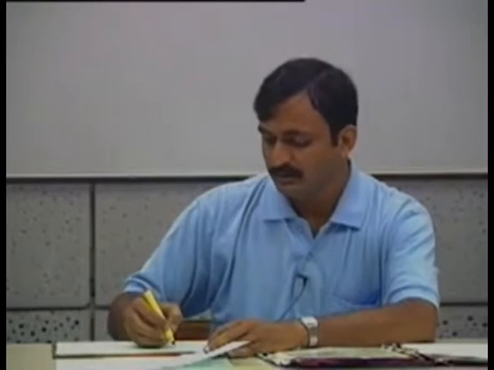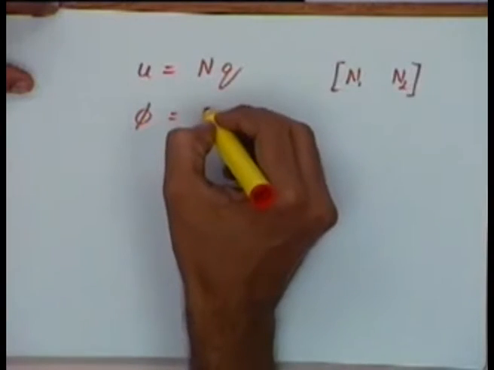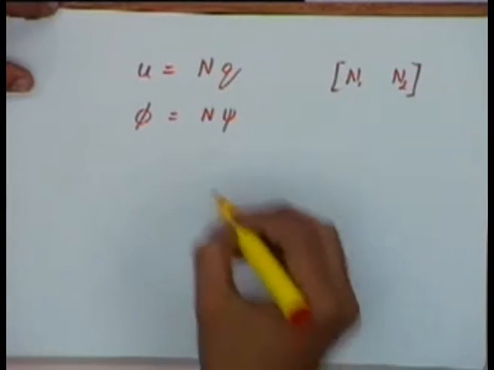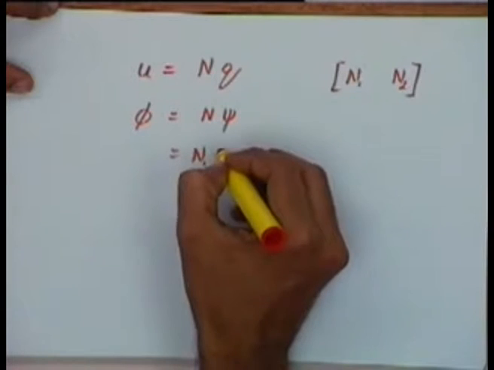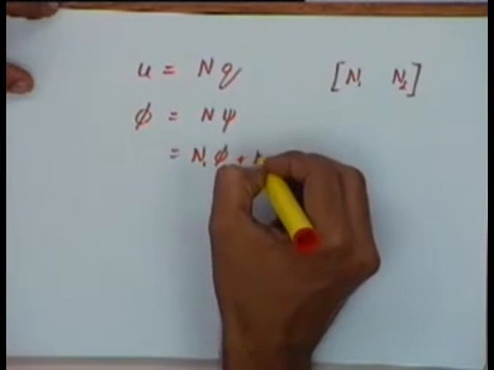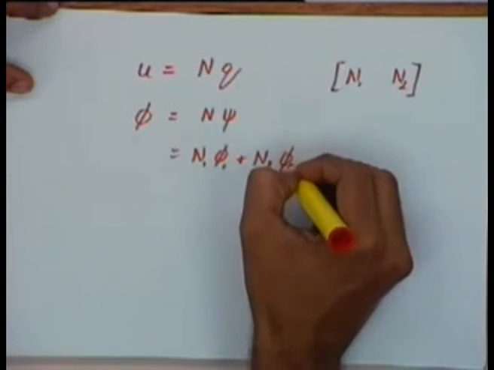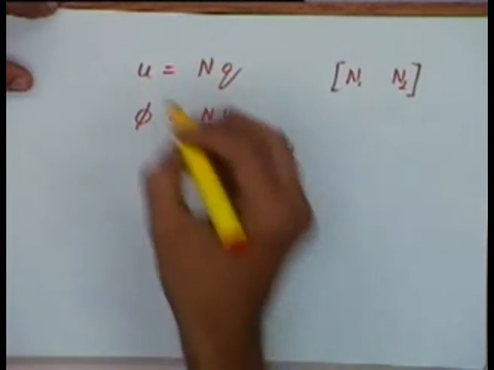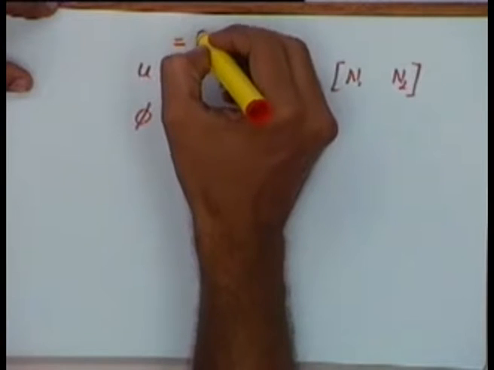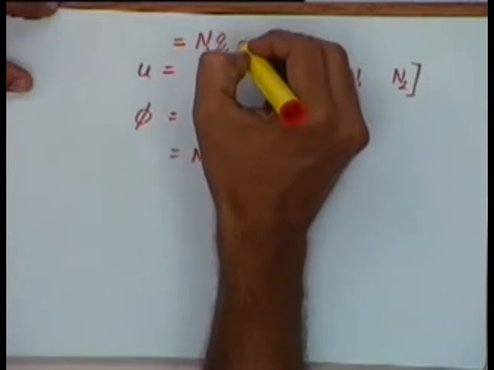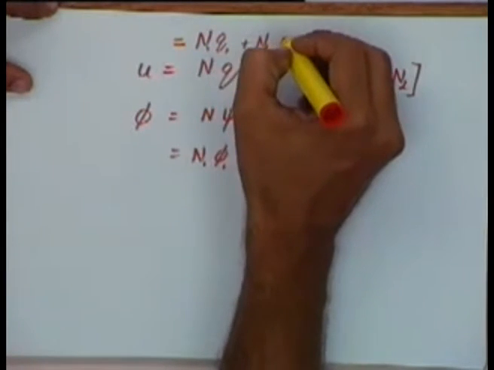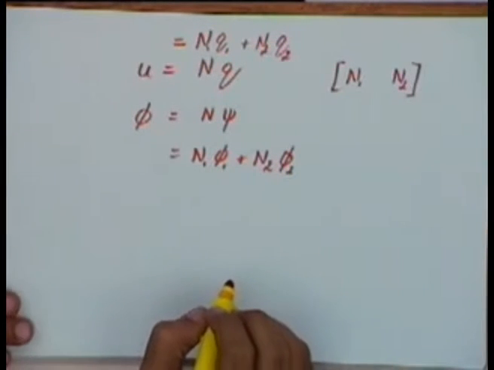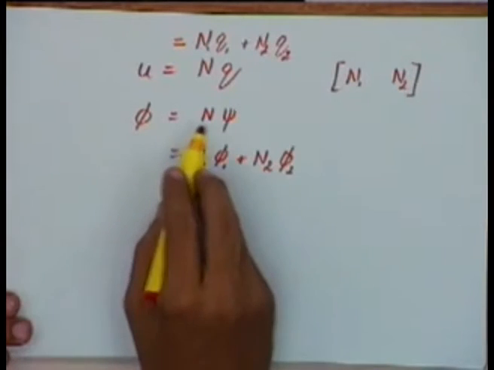Okay, so we will say phi will be equal to n times psi, or this is the same as n1 phi 1 plus n2 phi 2. Okay, this u equal to nq, that is the same as n1 q1 plus n2 q2. Okay, so we will say phi will be equal to n times psi.